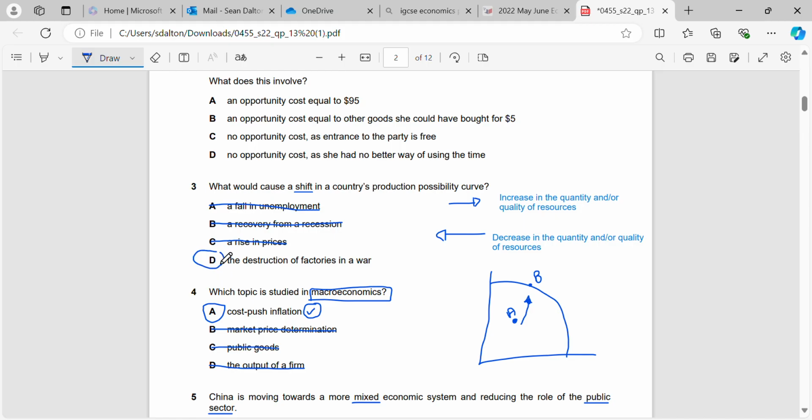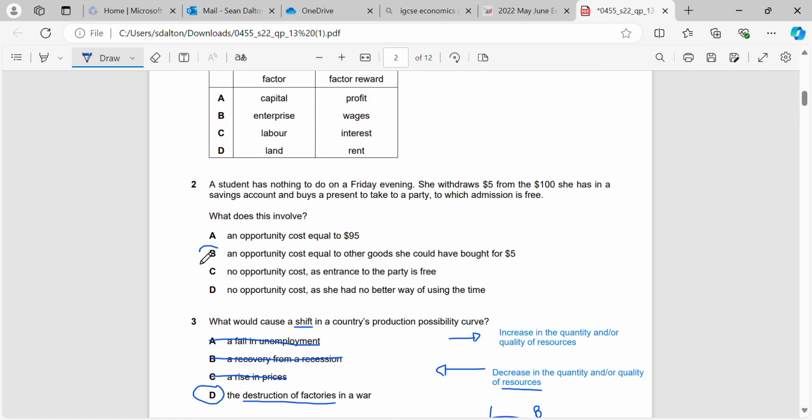The destruction of factories in a war, however, would result in a shift, but it would be a shift inwards. Why? Factories are obviously a quantity or quality of resource, aren't they? And if we're destroying factories, we're destroying the quantity of resources we have available. So we would shift inwards and our productive potential would be decreased.